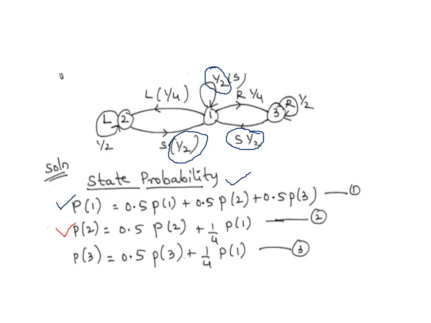Similarly, the second state equation, P of 2, equals the incoming probabilities at node 2. One is 1 by 2 coming from node 2 itself, and the other one is 1 by 4 coming from node 1. Therefore the equation is 0.5 P of 2 plus 1 by 4 P of 1.